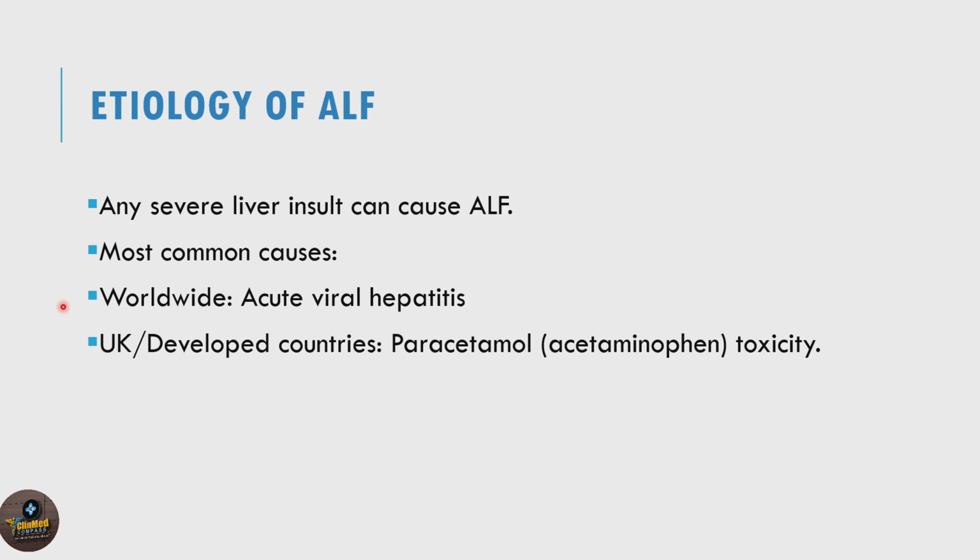In developed countries like UK and USA, acetaminophen toxicity is the leading cause. Other causes may include autoimmune hepatitis, Wilson's disease, and drug-induced liver injury, as we'll find out in the next slide.